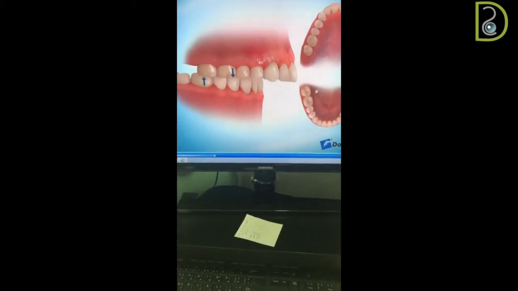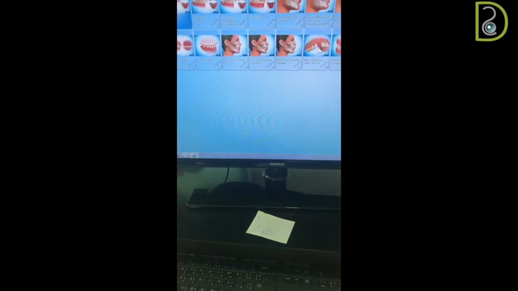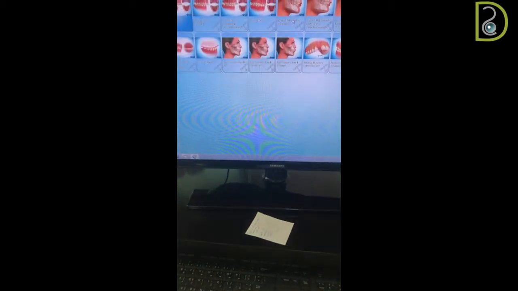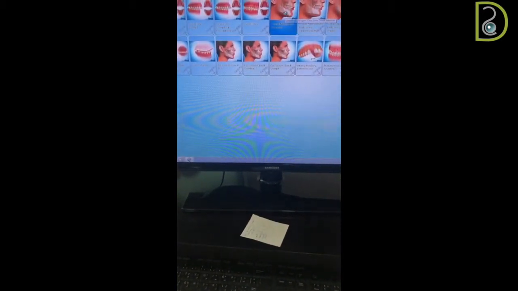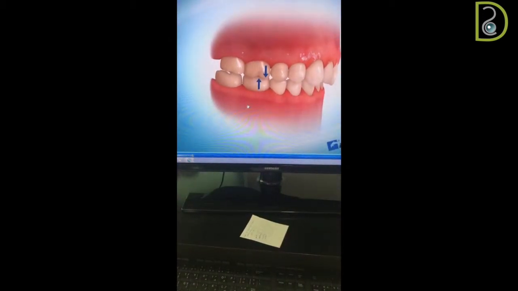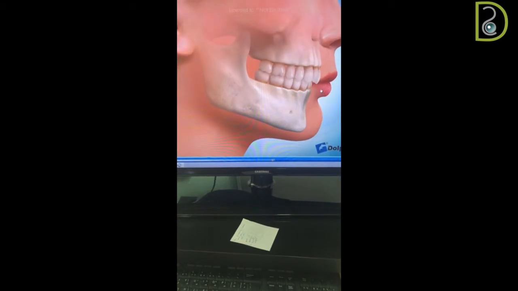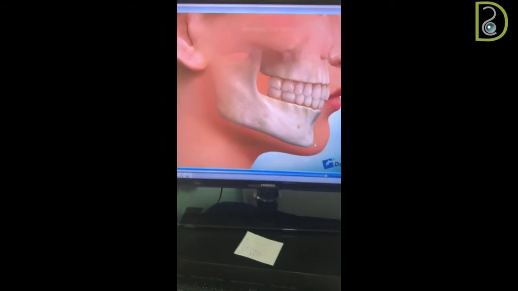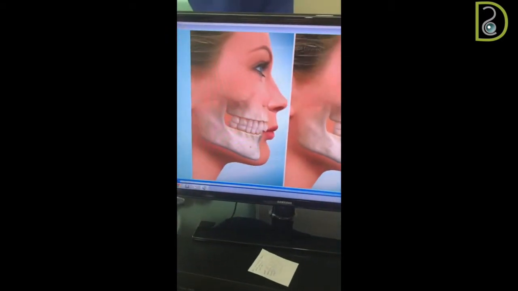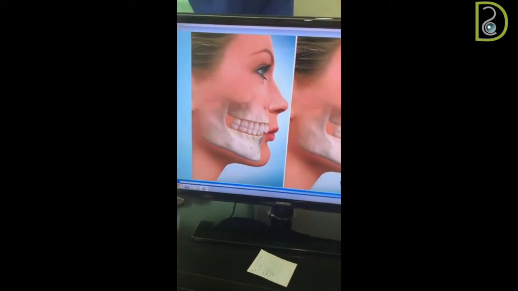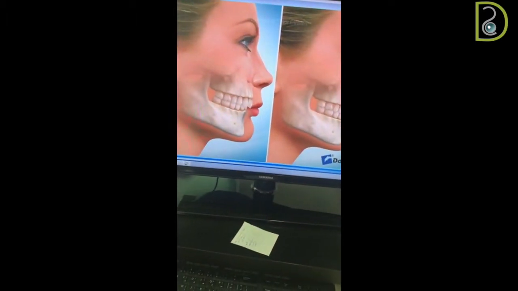And when you see how it looks in the patient's profile, this is the change that you would like to see at the end of the treatment.